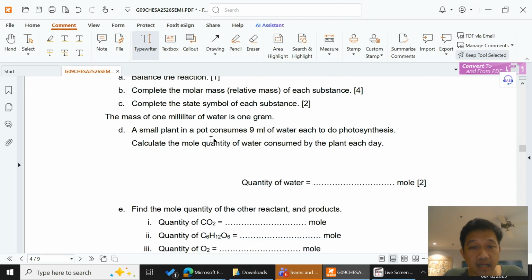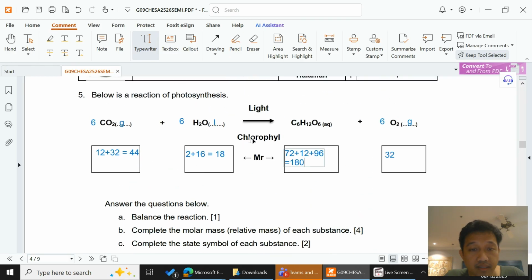A small plant in a pot consumes 9 milliliter of water each day to do photosynthesis. Calculate the mole quantity of water consumed by the plant each day. Okay, so we have 9 milliliter of water. 9 milliliter of water is actually equal to 9 grams.